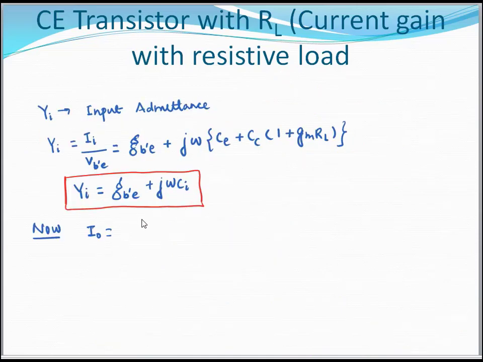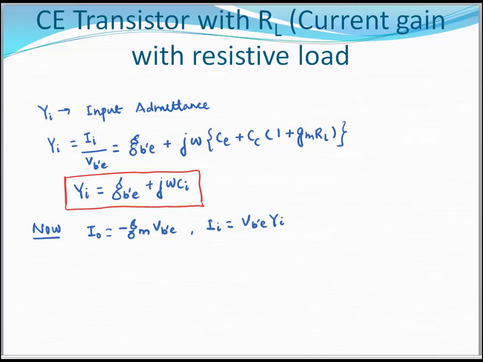So we can write here I naught is equal to minus Gm Vb'e, Ii is equal to Vb'e Yi. So the ratio of I naught by Ii will give the current gain.